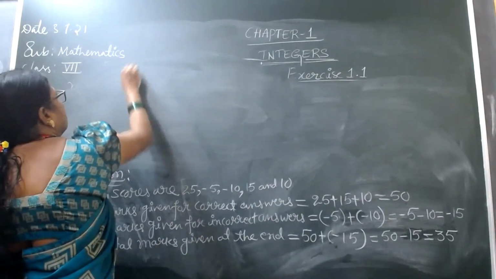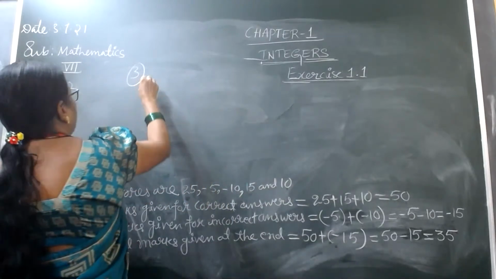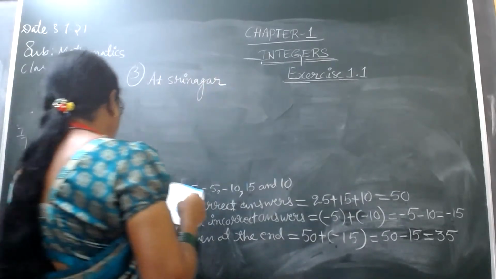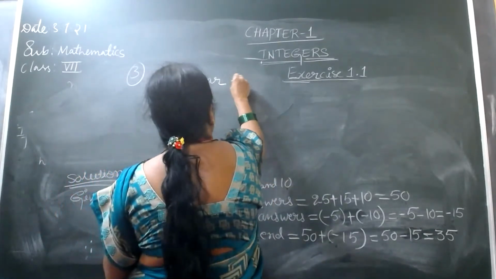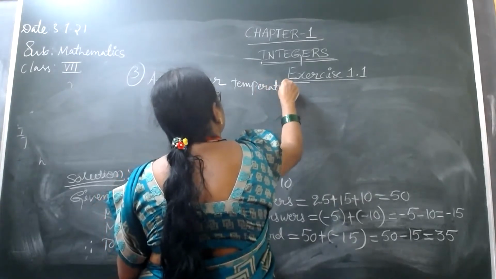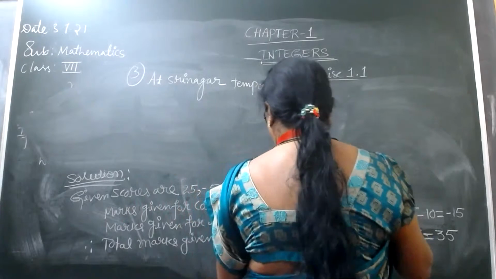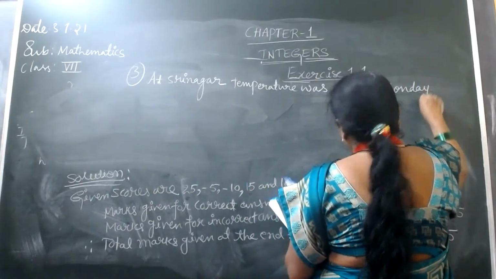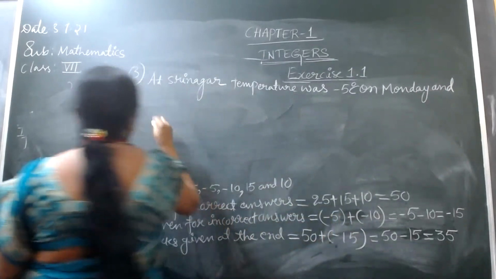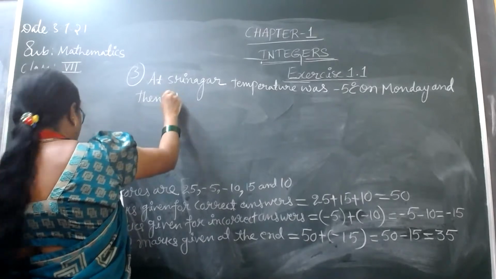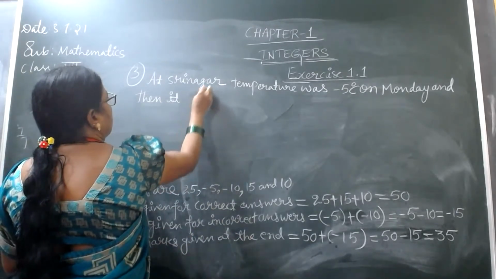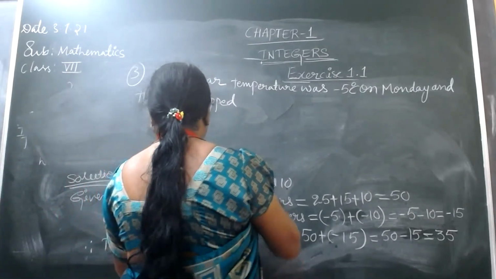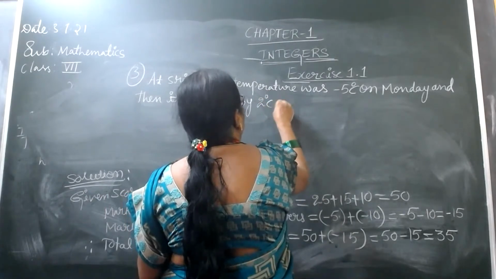Question 3: At Srinagar, temperature was minus 5 degrees Celsius on Monday, and then it dropped by 2 degrees Celsius on Tuesday.